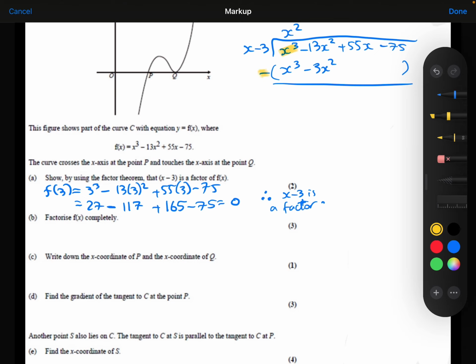The x cubed minus x cubed is 0. The minus 13x squared minus the 3x squared, so we're doing minus 13 plus 3, which is minus 10x squared.